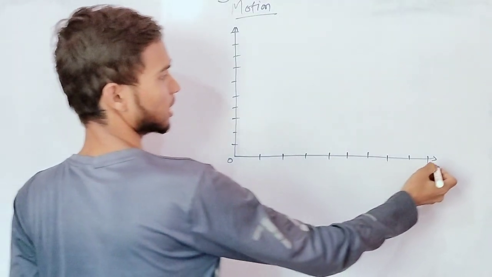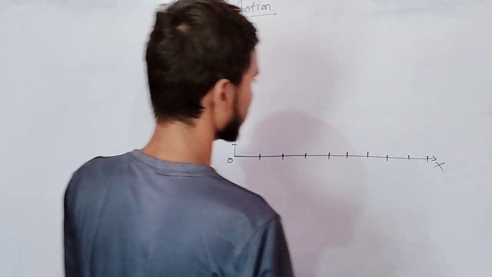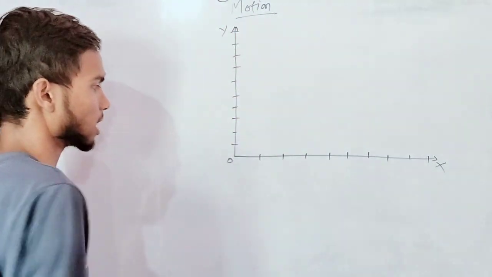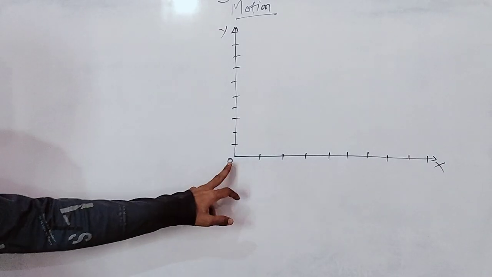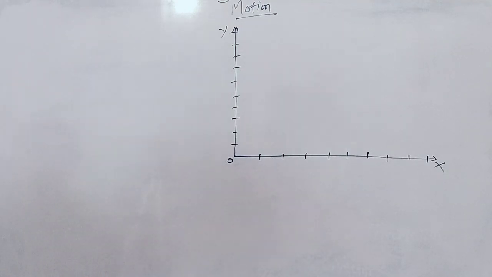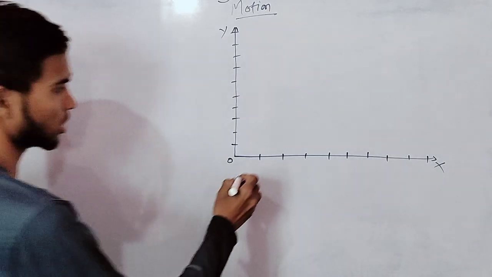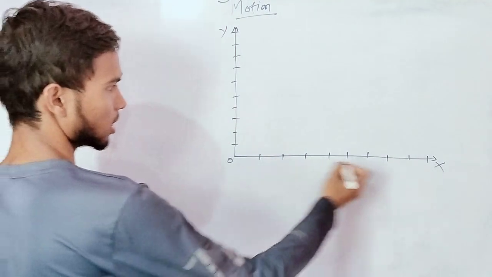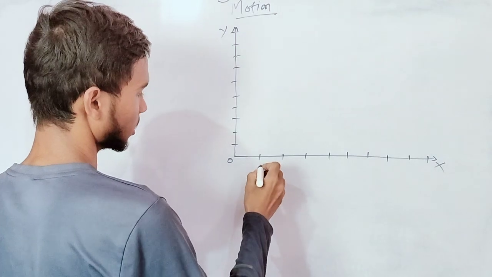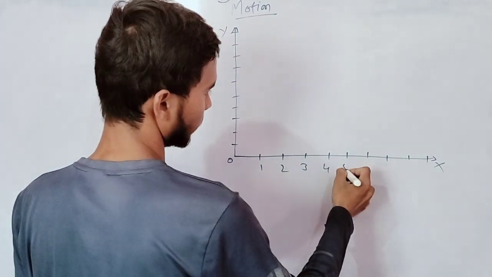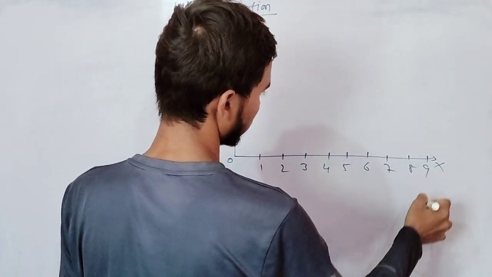This line is considered as the x-axis, this as the y-axis. This is known as the reference point. Here shall we take this line as a ten line? 1, 2, 3, 4, 5, 6, 7, 8, 9.